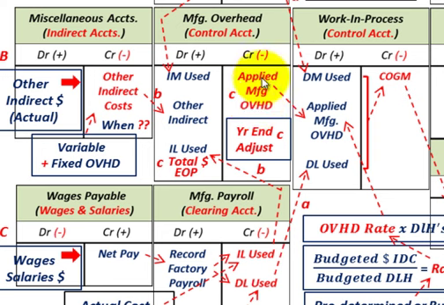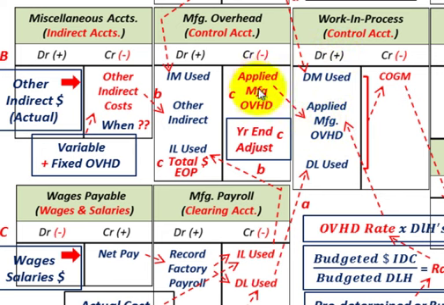We've applied that rate, so we've accumulated that cost. This manufacturing overhead is going to be credited out here, and it's going to go to the work in process account. We're going to debit the work in process applied manufacturing overhead amount when that product or that job goes through that particular operation. So we know that on a timely basis. When it goes through, it goes to work in process.